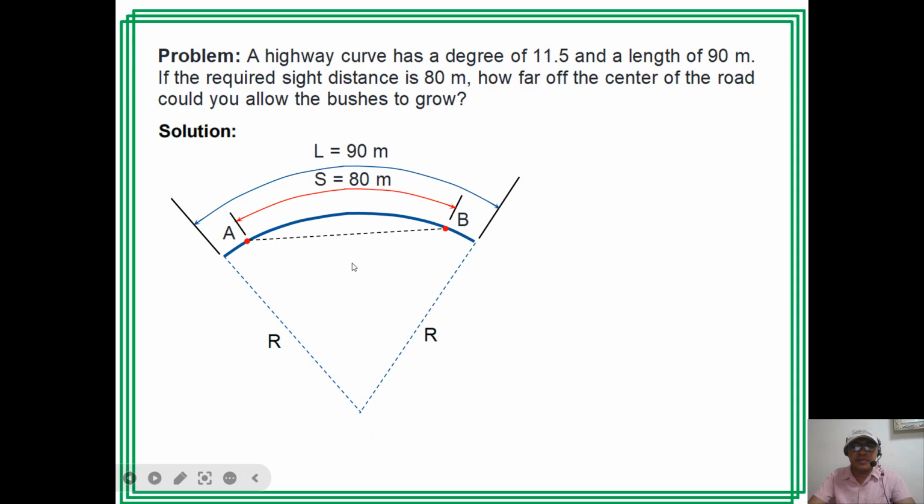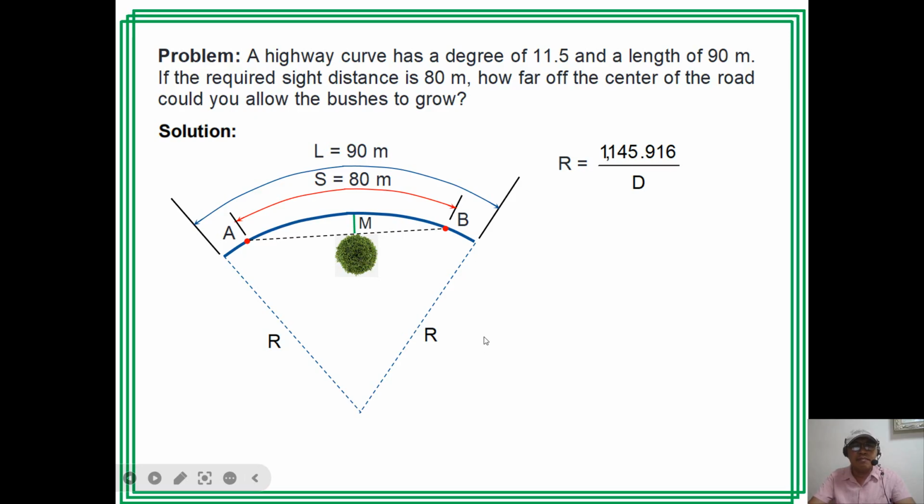From the center of the road, we can allow the bushes to grow at this distance M, so that the driver of the car at A can see the object on the road at B. As you notice, the sight distance is 80 and the length of curve is 90. So S is less than L, and we can use the formula.